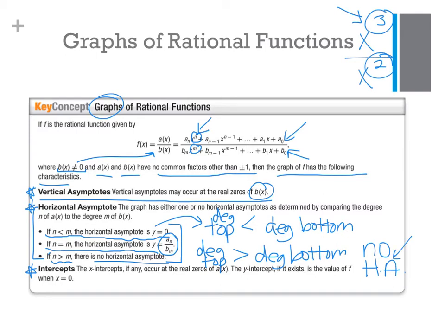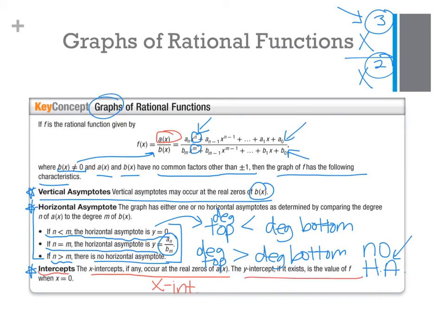Now to summarize intercepts, we've talked about x and y intercepts all year. The x-intercepts are the real zeros of the function. So whenever the top function is equal to 0, those are your x-intercepts. Your x-intercepts can be determined by finding the zeros of the numerator.